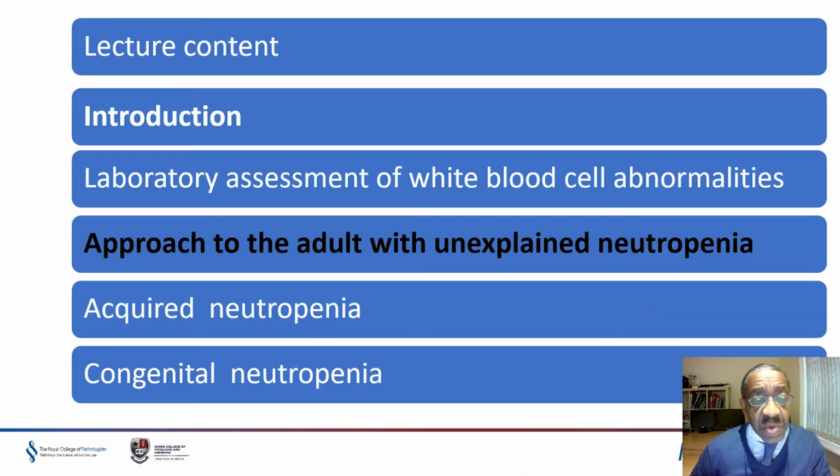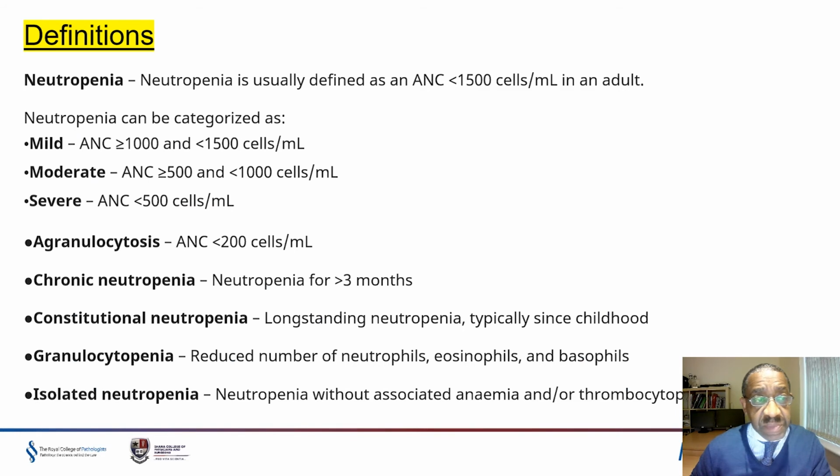So how do we approach an adult with unexplained neutropenia? I think it's really important to initially start by defining the different types of neutropenia. In general, neutropenia is defined as a neutrophil count of less than 1500, or depending on what units you're using, 1.5 in an adult, and can be classified as mild, moderate, or severe.